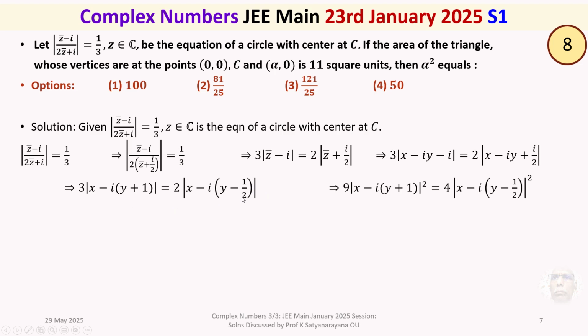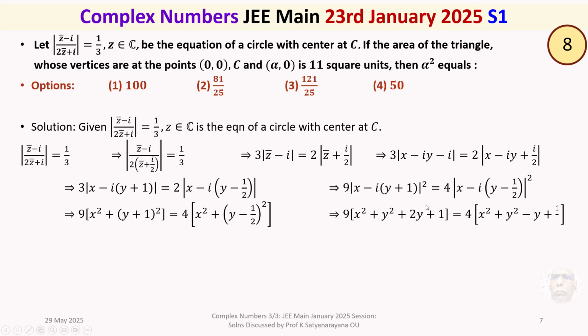Now squaring on both sides, we get 9 times (x square plus (y plus 1) whole square) is equal to 4 times (x square plus (y minus 1 by 2) whole square).